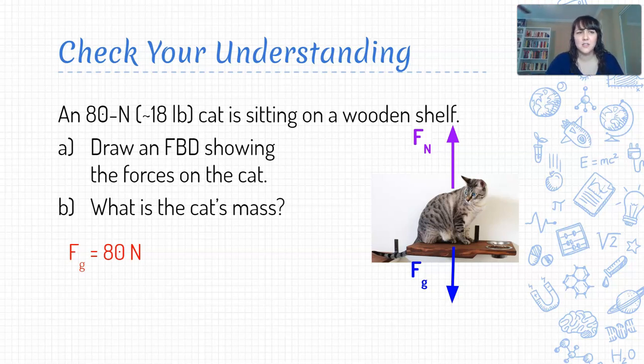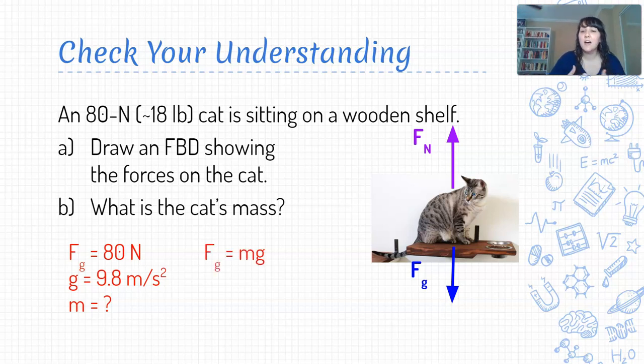And presumably this is an Earth cat. Cat's on Earth, which means that it has a gravitational acceleration here on Earth of 9.8 meters per second squared. That is the rate at which Earth is trying to accelerate the cat were it not for the shelf holding it up. So that's our gravitational acceleration. We are solving for the mass of the cat, and we have our equation that relates mass and weight.